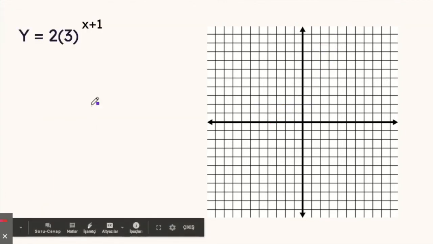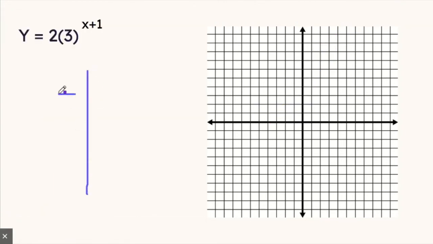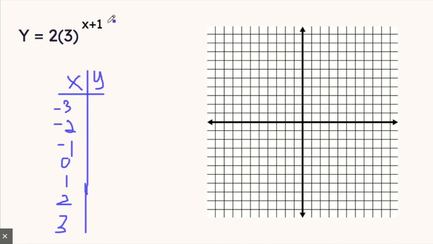Now we have another example. Let's put our table in. And let's again start with -3, -2, -1, 0, 1, 2, 3. At -3, it's going to be -3 plus 1, which is going to be -2. So it's 2 times 3 to the -2nd power.